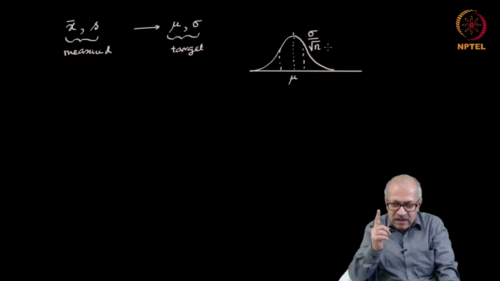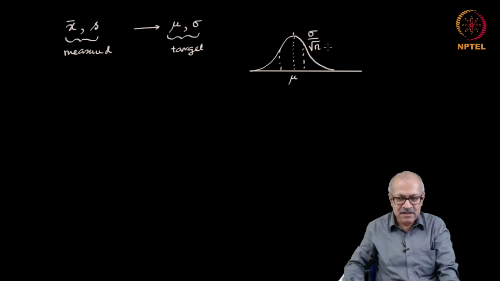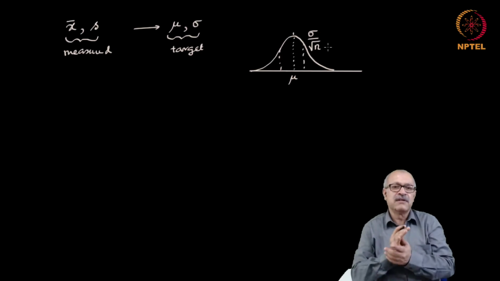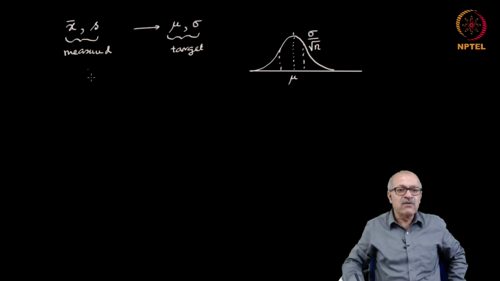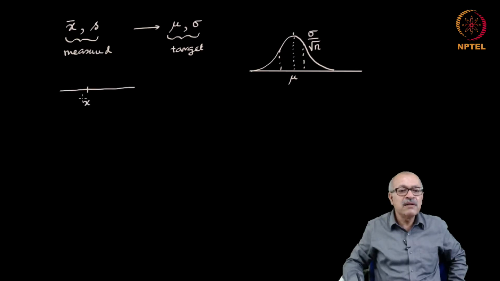Now, what we had done in the last class in an example that we worked out, in that we were given these and we were trying to figure out if we have a particular value, suppose this is the x scale and here is my x bar. We are trying to figure out if I can define a range around x bar and can claim that the actual mu will lie somewhere in this range.